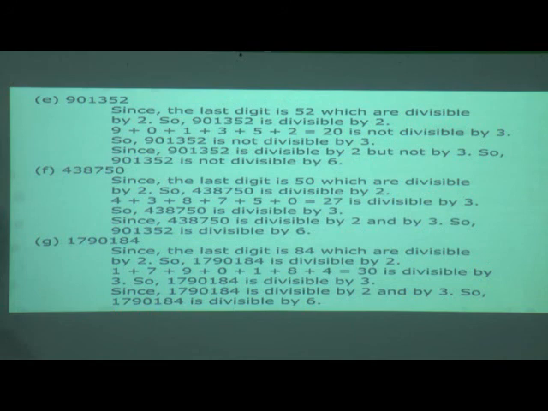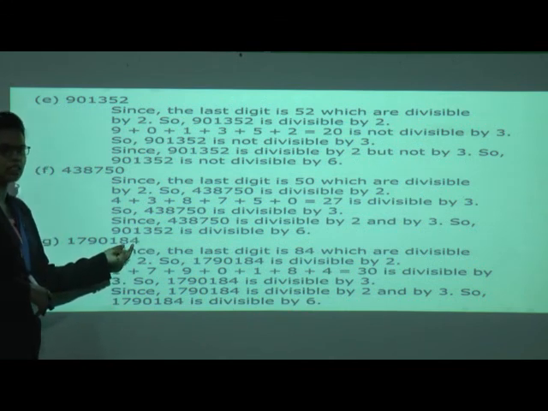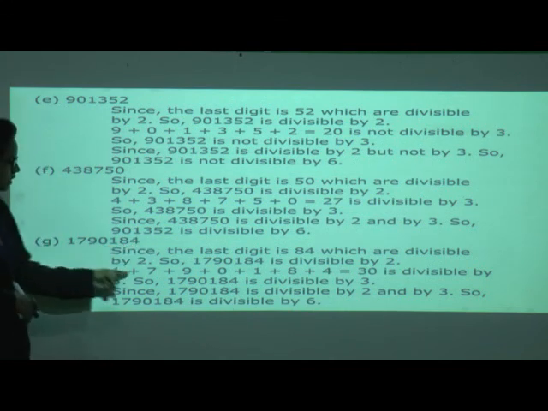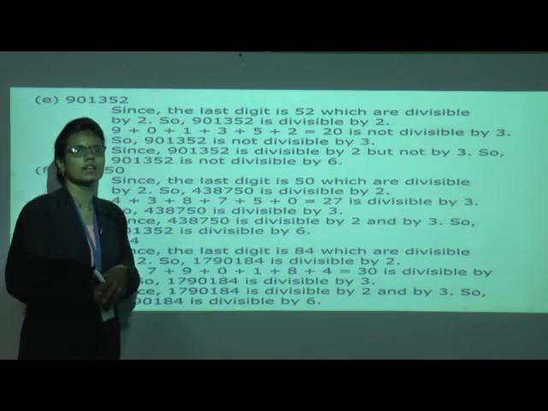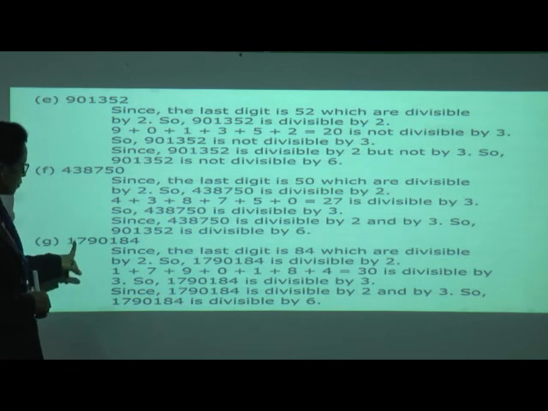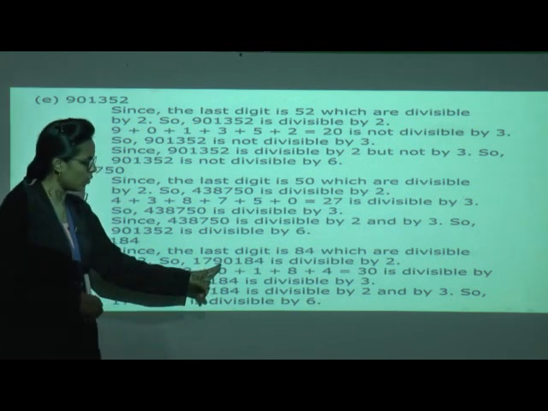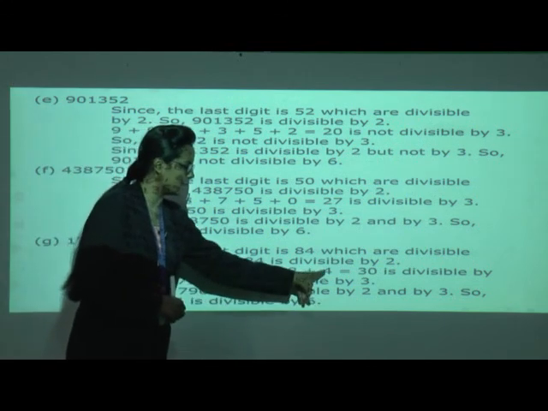Last one. It's a large number again, a 7-digit number. The last digit is 4 in its ones place, so the given number is divisible by 2. Then to find divisibility by 3, we do 1 plus 7 plus 9 plus 0 plus 1 plus 8 plus 4.